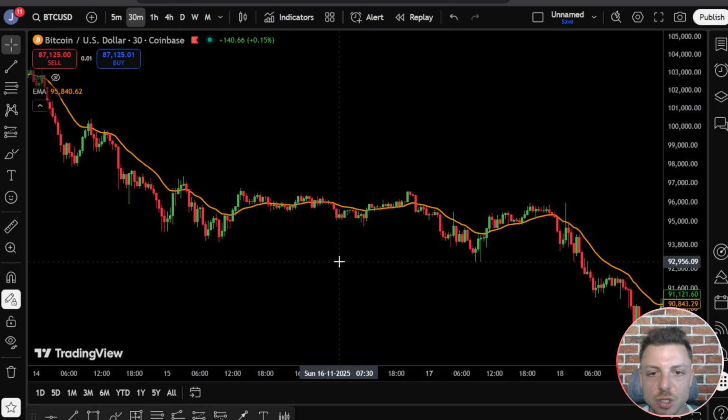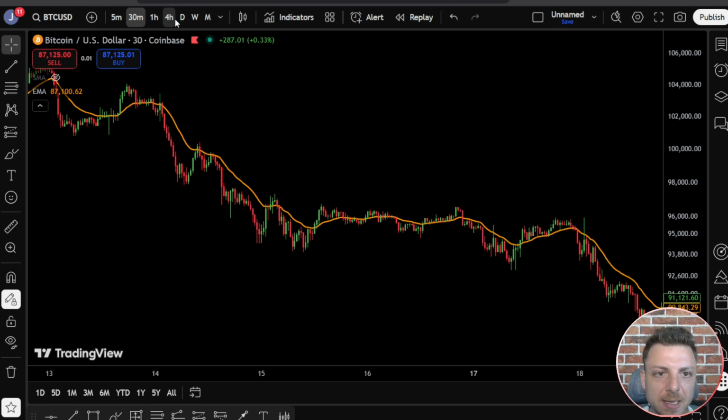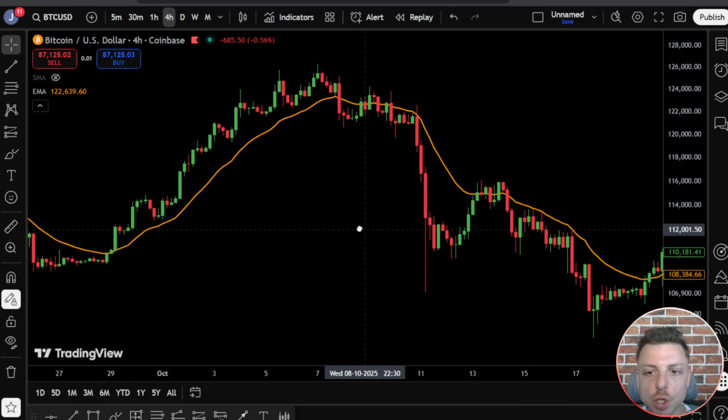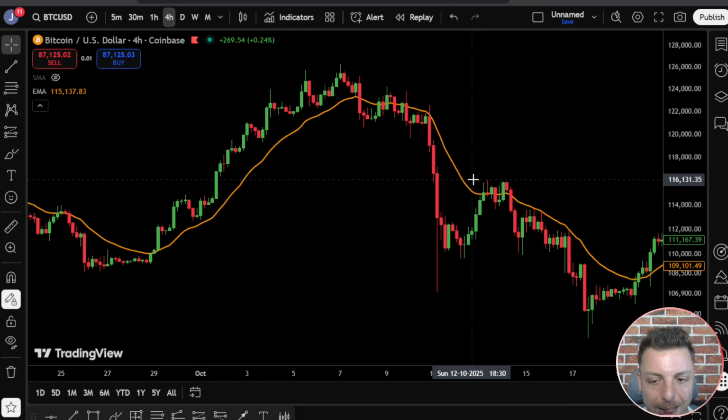What's a really great way to use this EMA would be to look at, say, the 4-hour time frame. Look at what the slope of the EMA is doing on the 4-hourly chart, and then we move down to shorter term time frames to say, okay, on the 30-minute time frame, on the 5-minute time frame, I only ever want to look for trend direction trades of the longer term chart.